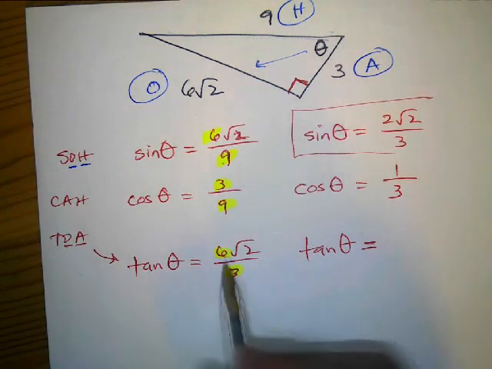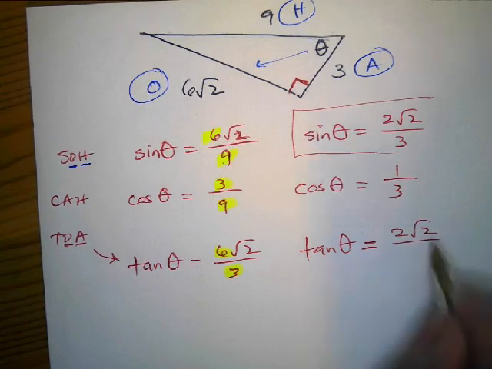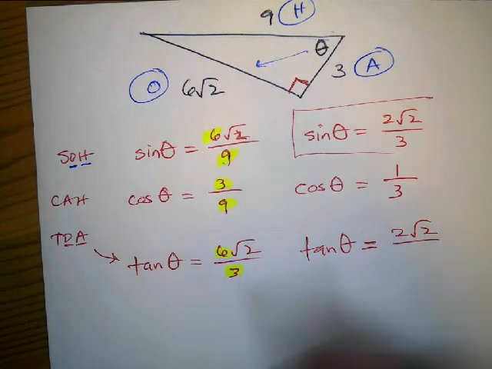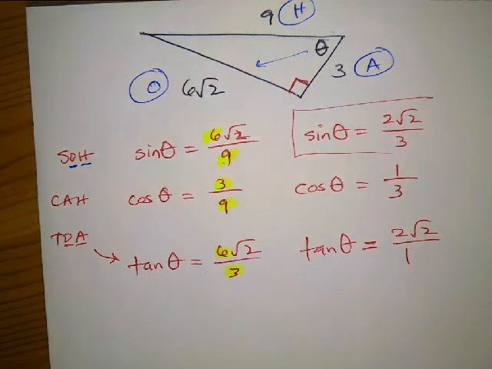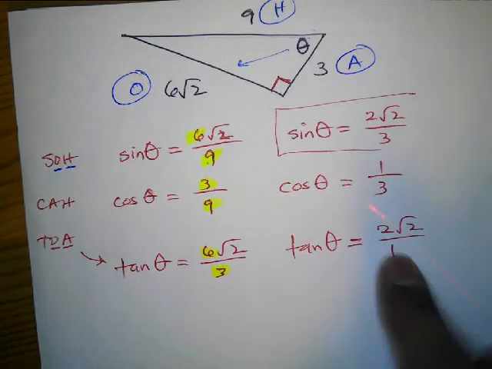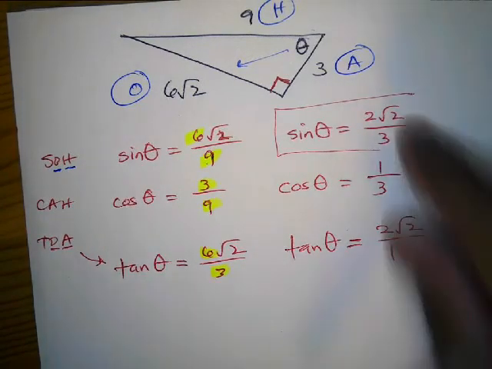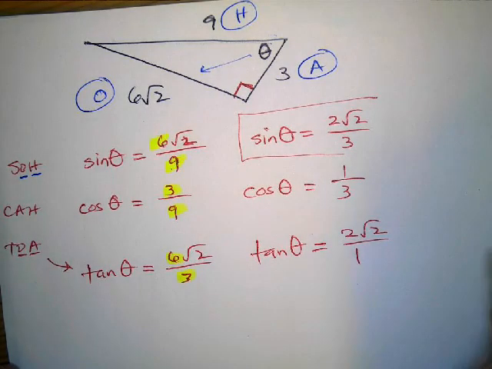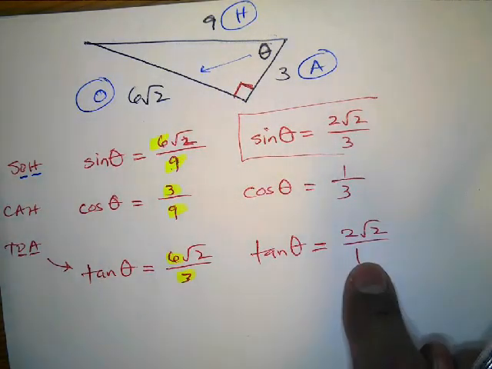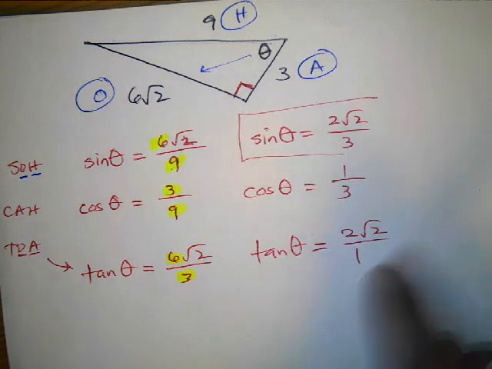And then tangent. Tangent is going to be what? Reduced by 3, it'll be 2 root 2 over, right? 3 goes into 3 once, 3 goes into 6 twice. 2 root 2 over 1. Believe me, leave it like that. Okay.